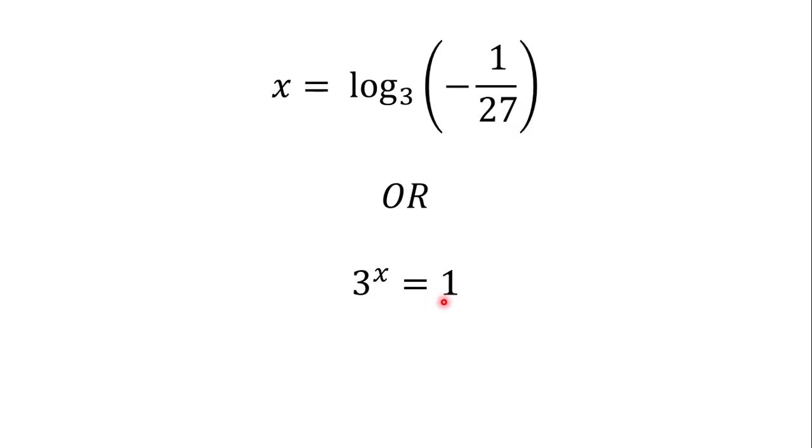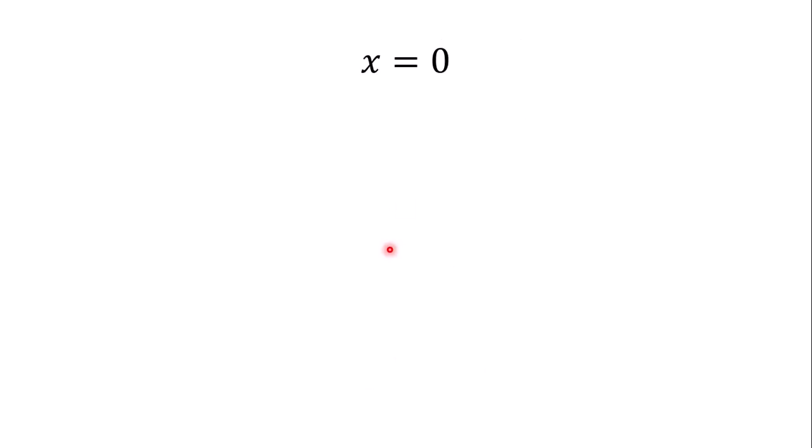Because any number or variable raised to the power 0 is 1. So this 1 can be written as 3 raised to the power 0. So 3 raised to the power x equals 3 raised to the power 0, and by exponential equation, x is equal to 0.